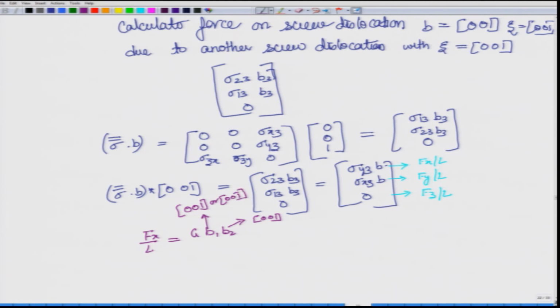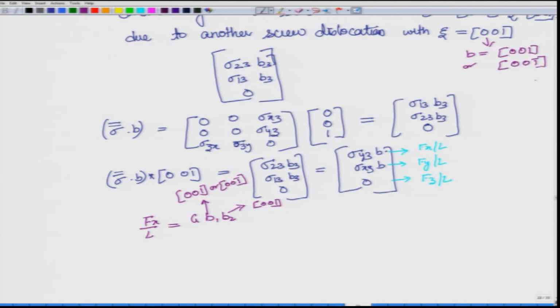Why? Because we know this is arising from the Burgers vector because of which stress is being created, and for that we are only given the line vector 0 0 1. So, here we only know that B is either 0 0 1 or 0 0 1 bar.